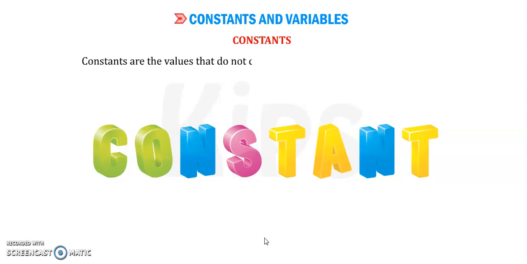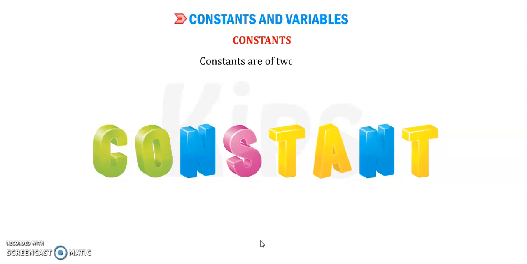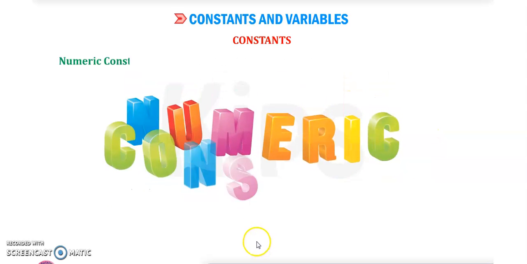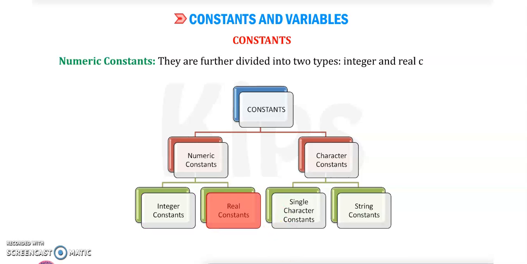Constants are the values that do not change during the execution of a program. Constants are of two types: numeric constants and character constants. Numeric constants are integer or real constants.